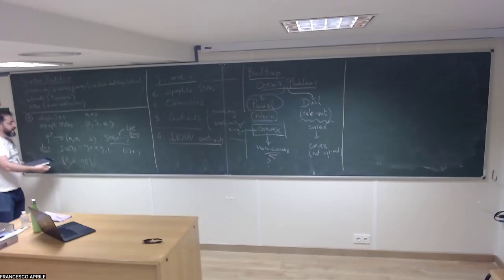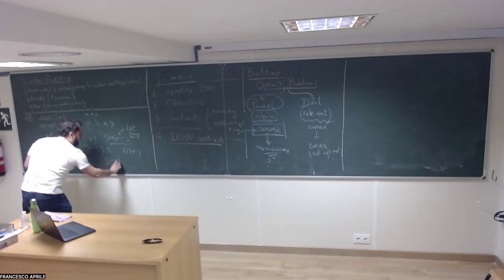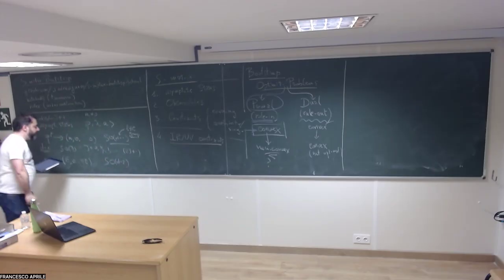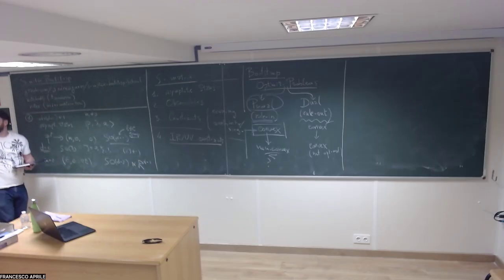And then the little group is smaller because you can only rotate around this direction. So it is like SO(d-2), but you can pick many reference vectors. There is an SO(d-1) worth of choices of the reference vector.